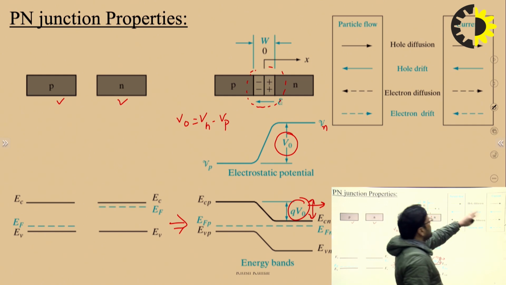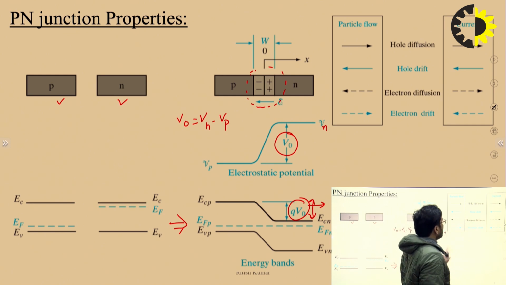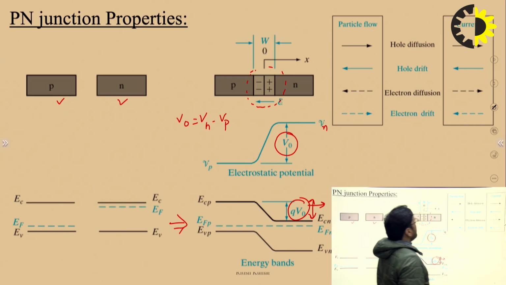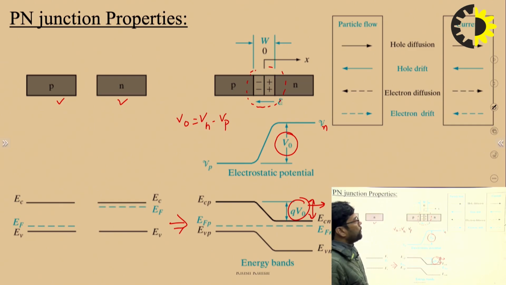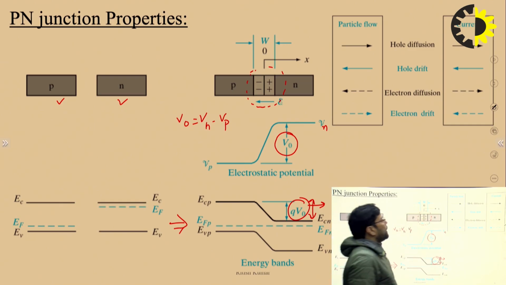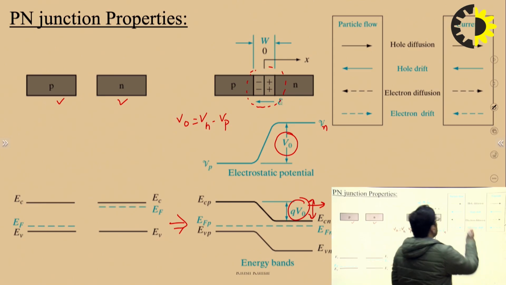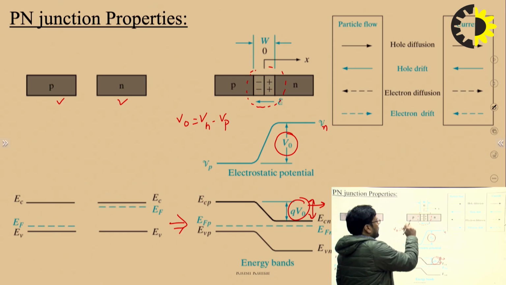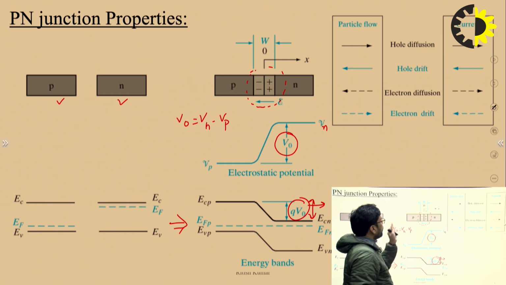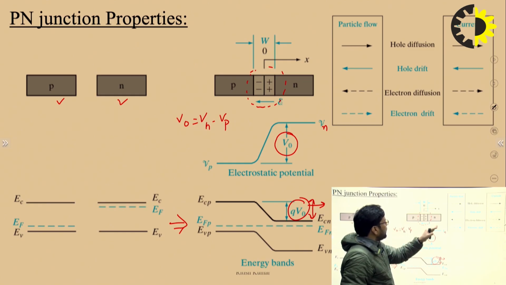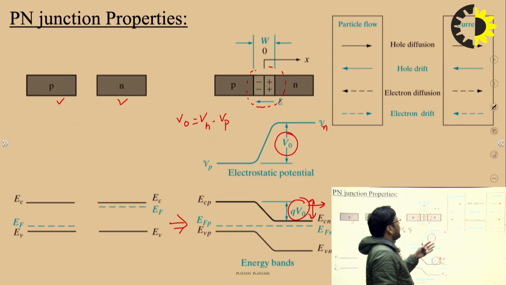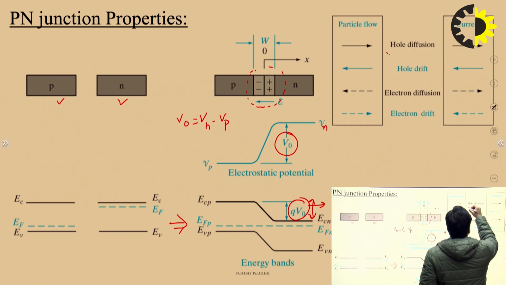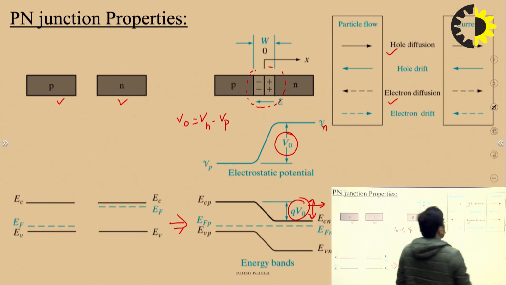This diagram shows the direction of the particle flow with respect to the current direction. The first one shows the hole diffusion. As I said, holes move from P to N side, while electrons move from N to P side. This is hole diffusion and this is electron diffusion.